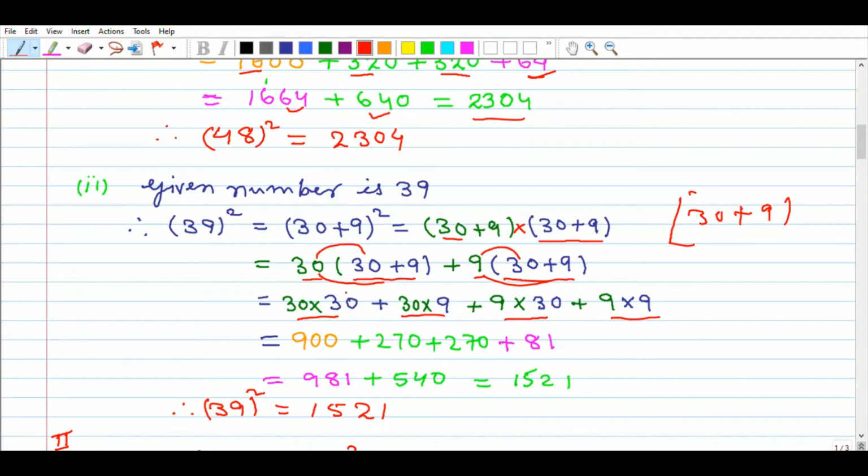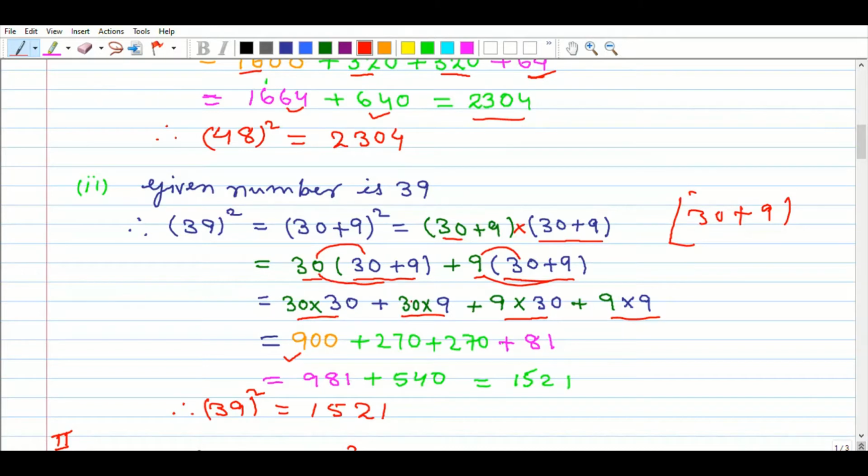Then 30 into 30, we know 900, above the data I have given. So I advise all of you, up to 30 you must remember the square of 1 to 30 numbers. So it is easy to calculate it.